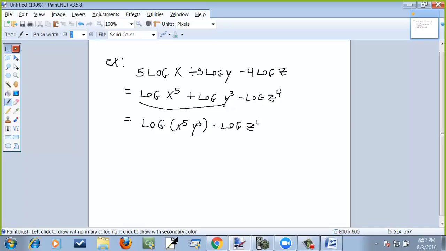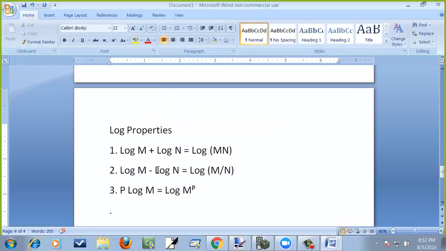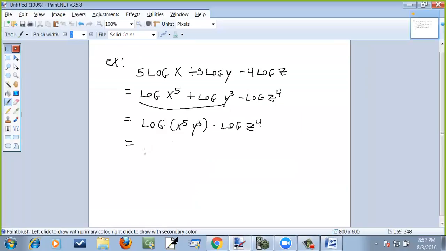Now we have log of something minus log of something. Well, that's the second property: subtraction becomes division. So this is going to become log x to the fifth, y to the third, over z to the fourth. And that's our answer. So we work to get a single log.